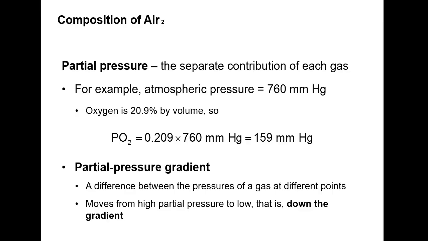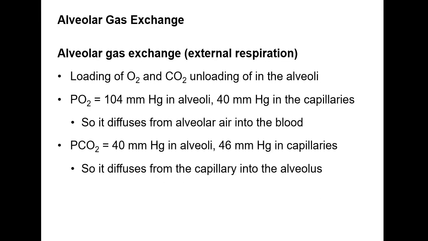They move through diffusion, through passive transport, from a high pressure to a low pressure. So if the partial pressure of oxygen is higher in the atmosphere, when we bring that oxygen into the body, it's going to want to diffuse from the air into the blood. It's going to want to unload into the blood where that partial pressure is low. This process is called external respiration.